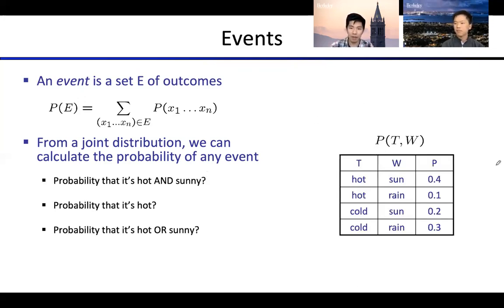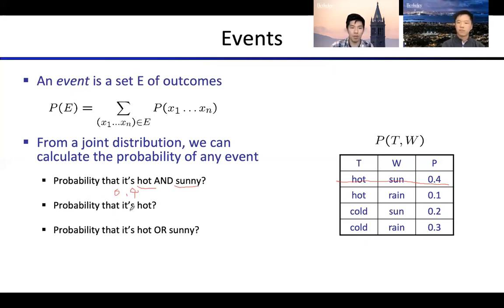For example, if we have the joint distribution of temperature and weather here, and we want to calculate the event that it is hot and sunny, we just pick the assignment that corresponds to the temperature being hot and the weather being sunny, which is essentially this assignment. Since that's the only assignment that satisfies this event, it would just be 0.4 here.